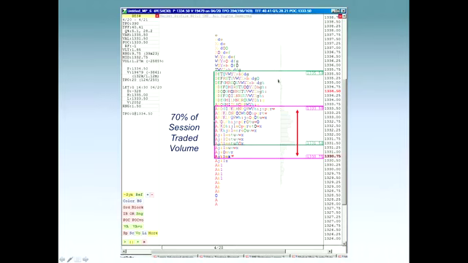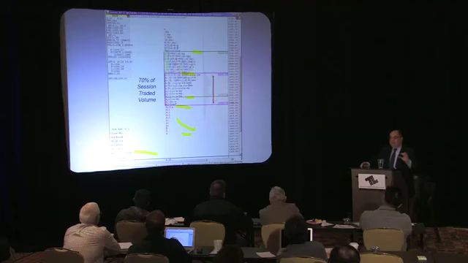Now, we agreed on in terms of terminology, the green lines were my value area high and my value area low. That's based on price.